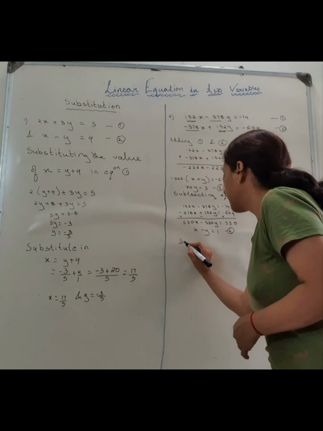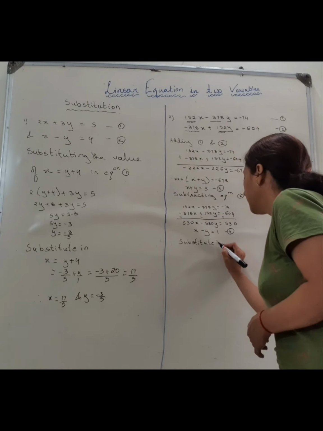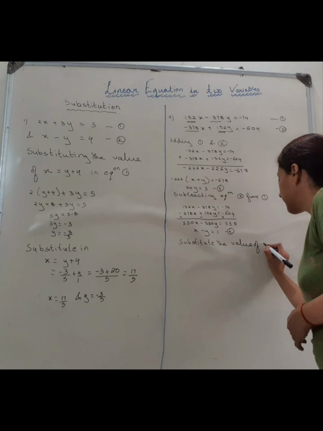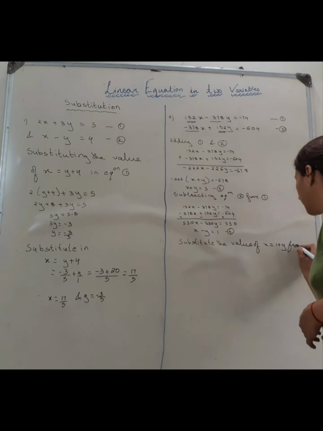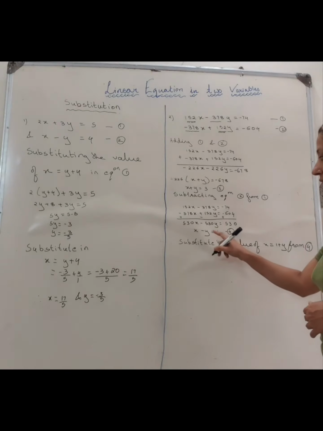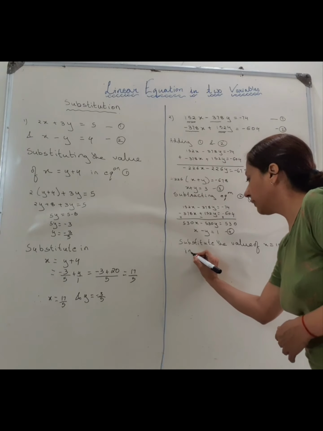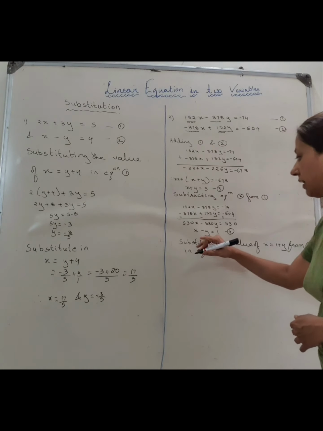So I am going to substitute the value of x is equal to 1 plus y from 4. So here if minus y goes on this side, it becomes plus. So x is equal to 1 plus y from equation 4 in equation 3. So when I am going to substitute, let us see what happens.